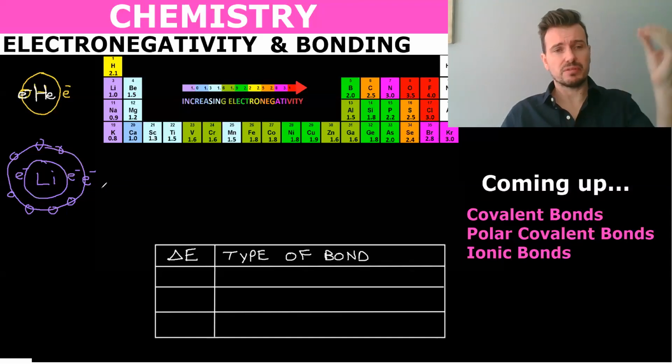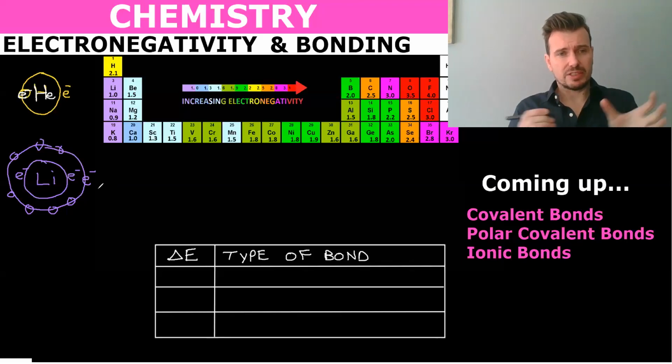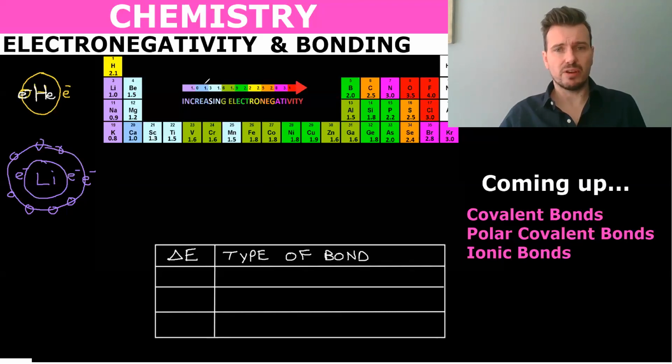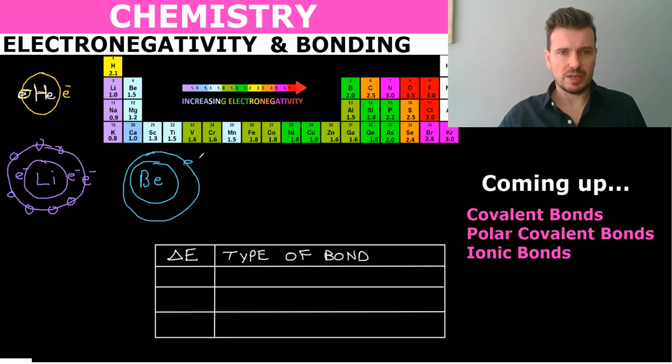We can also think of the electrons being attracted to the positive nucleus. Well, as we add more electrons along, the negative becomes greater. So let's look at beryllium. We have a complete inner orbital, and then again we have 2 electrons.